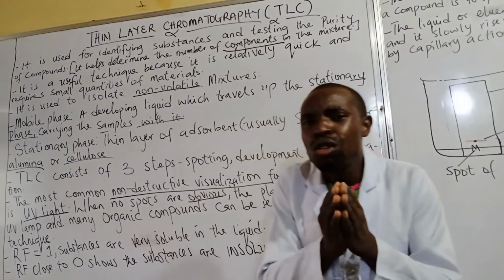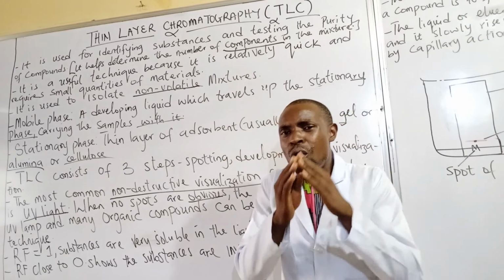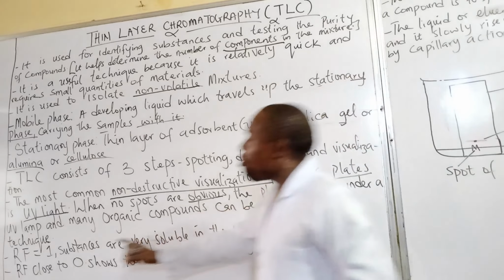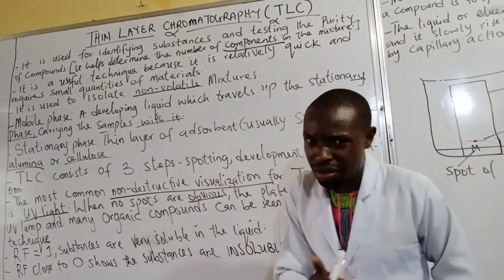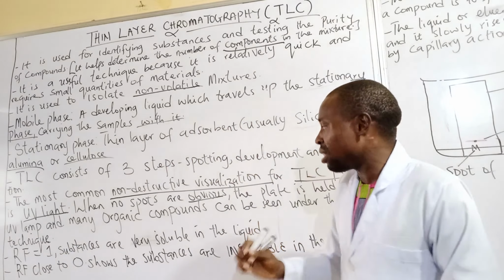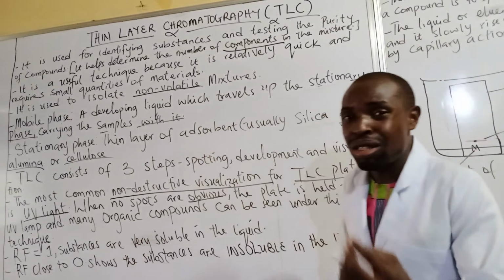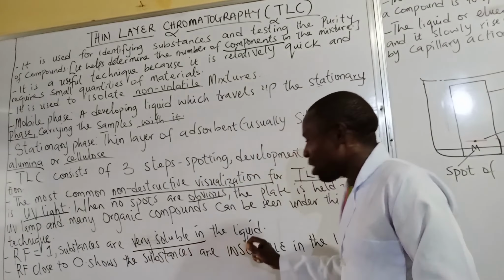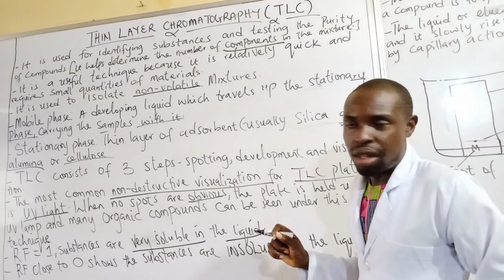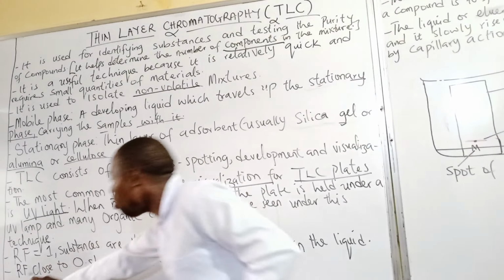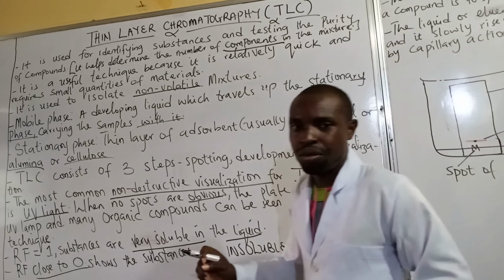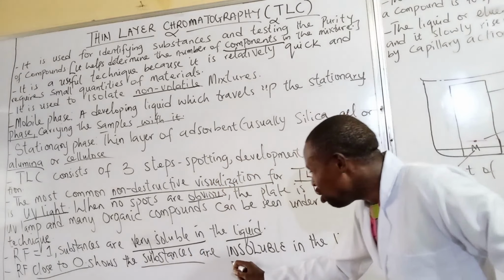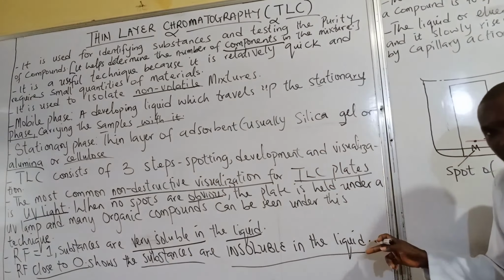Now, with the use of the retention factor, one can pinpoint some basic points from it, and the points are: when your retention factor is equal to 1, it simply tells you that that substance, or the substances, are what now? Are very soluble in the liquid. But when the retention factor is close to 0, it shows that the substances are insoluble in the liquid.